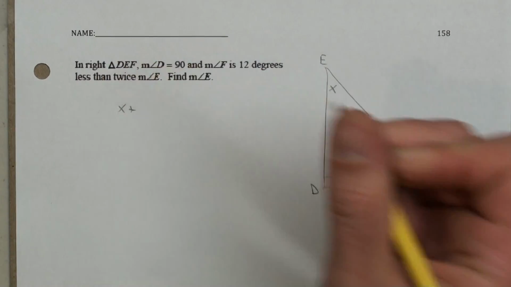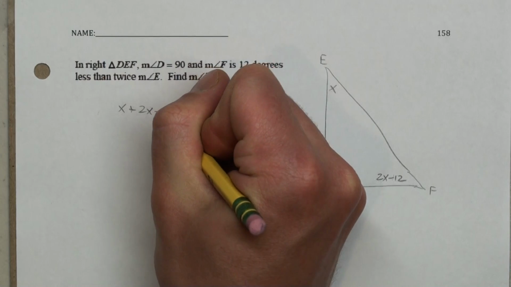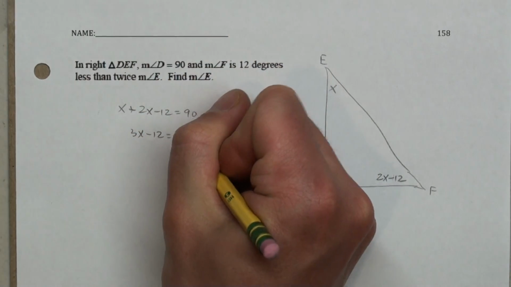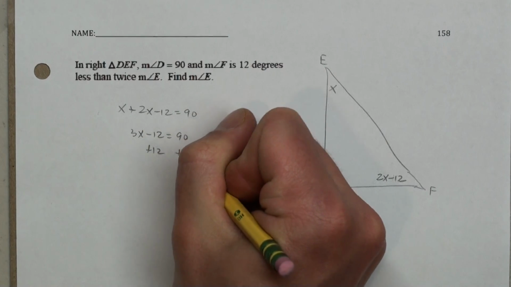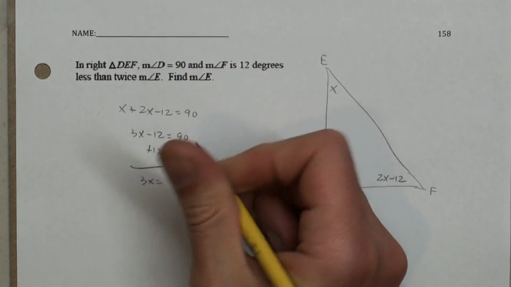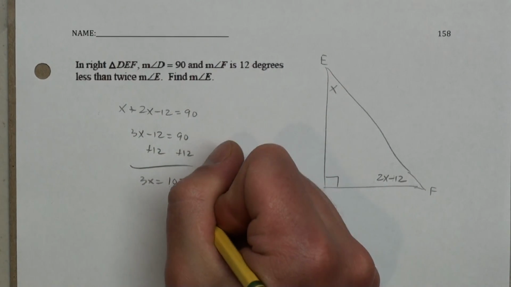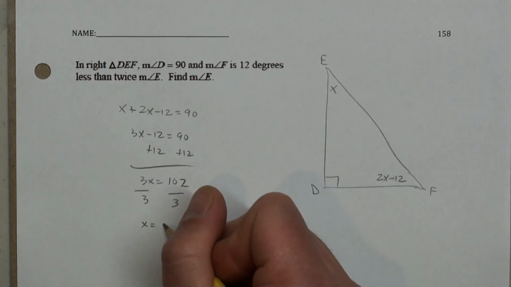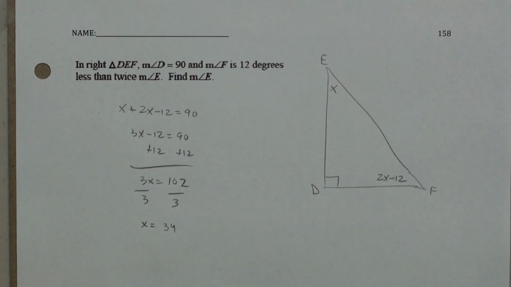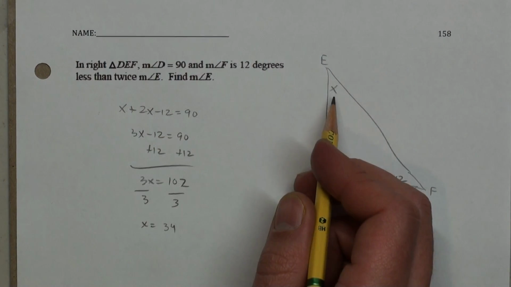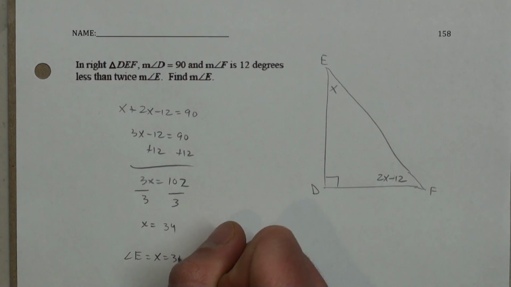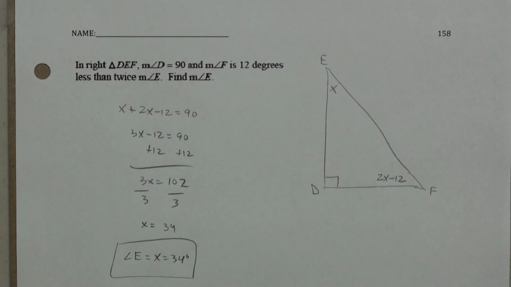So x plus 2x minus 12 equals 90. 3x minus 12 equals 90. Add 12. 3x equals 102. Divide by 3. x equals 34. It wants E, which is x. So angle E equals 34 degrees.